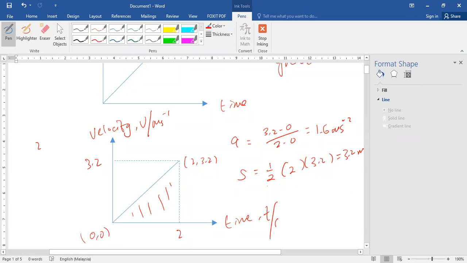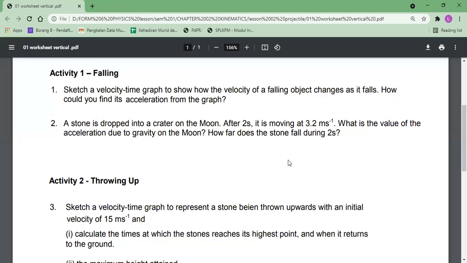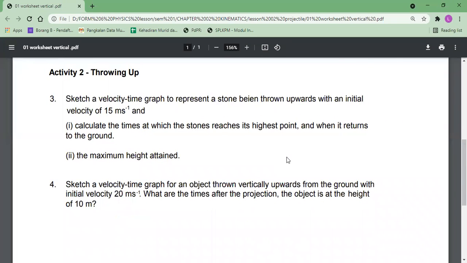Okay, next. Throwing up. Sketch a velocity-time graph to represent a stone being thrown upwards with an initial velocity of 15 m/s.